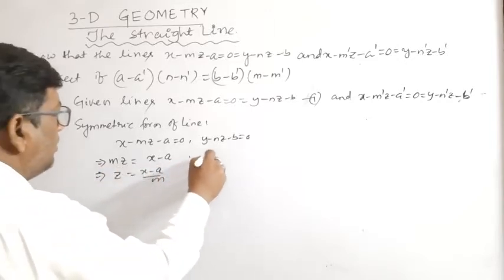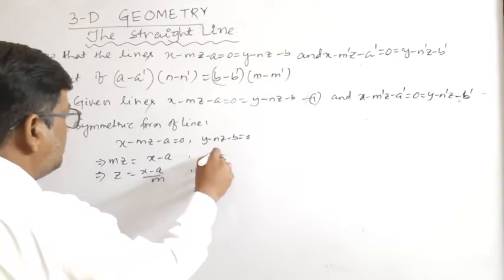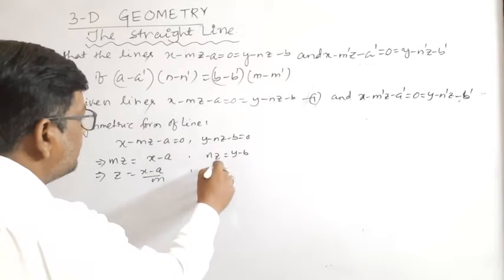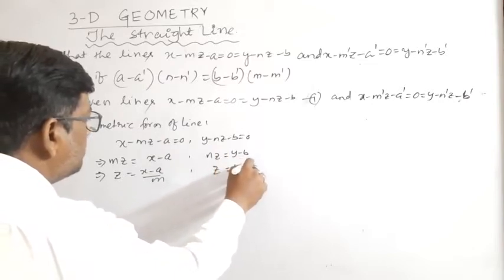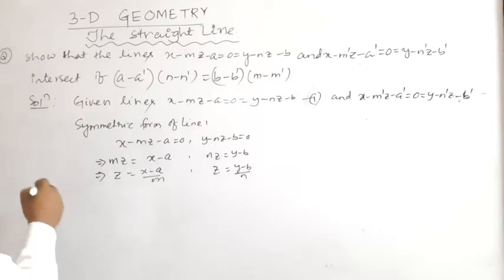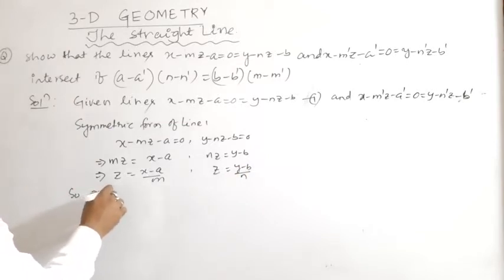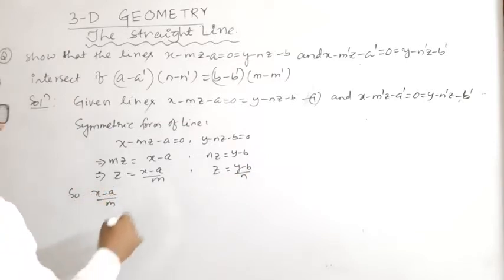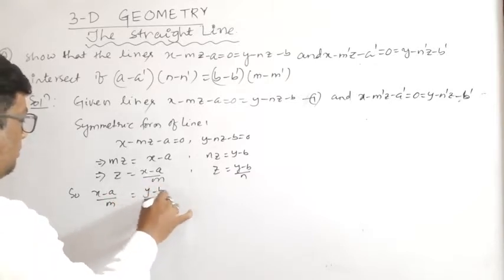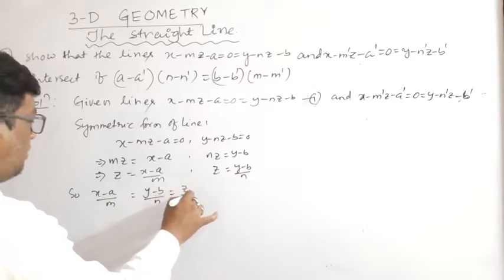Now, here nz is equal to y minus b, and z is equal to y minus b by n. So, x minus a by m is equal to y minus b by n is equal to z by 1.